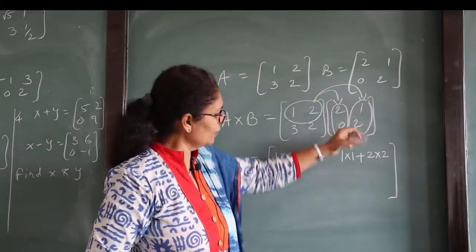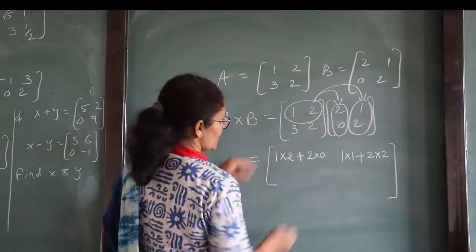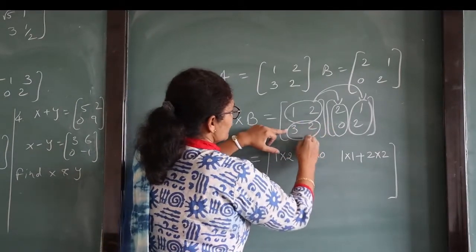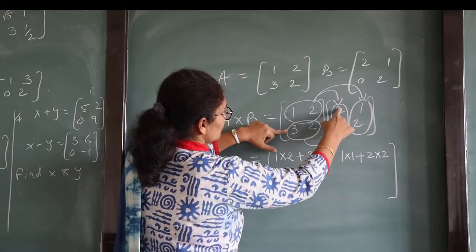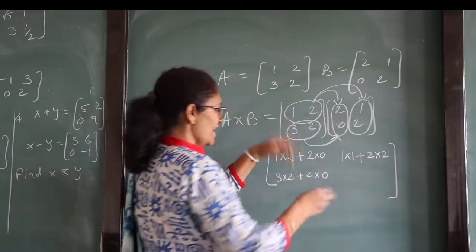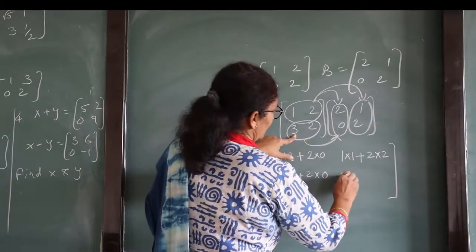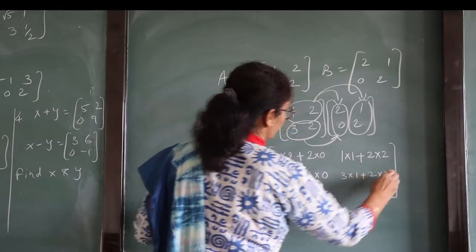First row with second column, you get the second element. Now the same process we follow with the second row. Second row with first column: 3 into 2 plus 2 into 0. Same way, 3 into 1 plus 2 into 2.